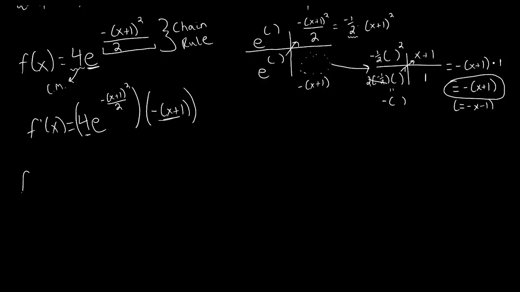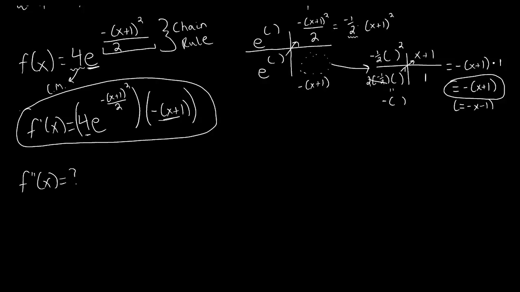So when we find the second derivative of this, we need to take our first derivative and derive it again, right? But we see that 4e raised to this is one function, and this is another function. So let's call this g, let's call this h.